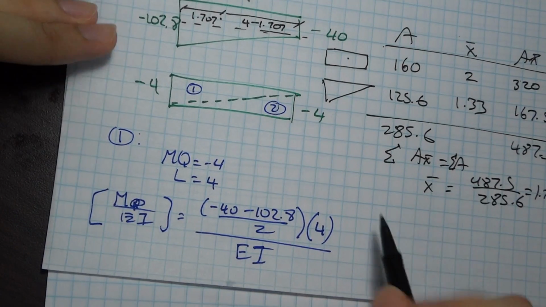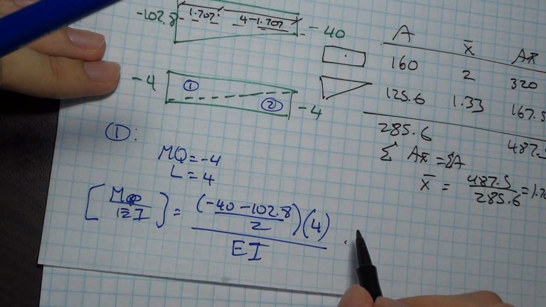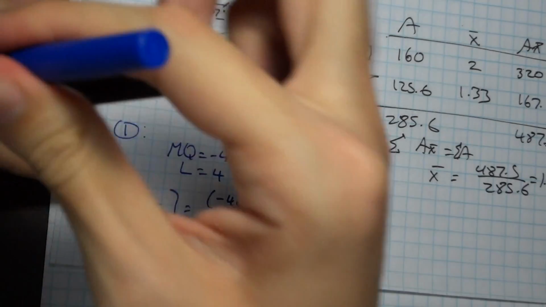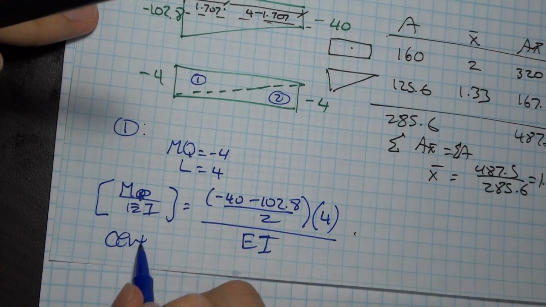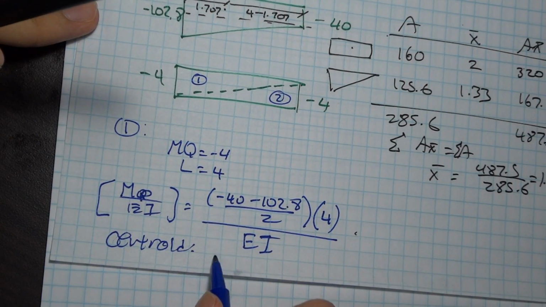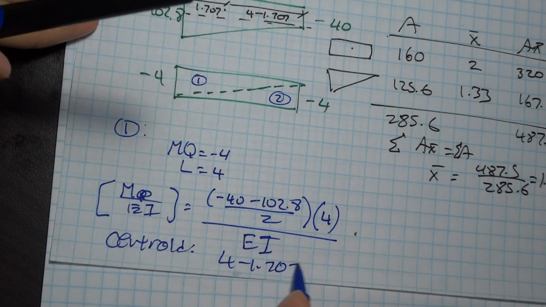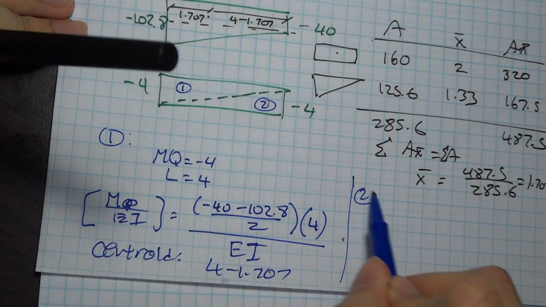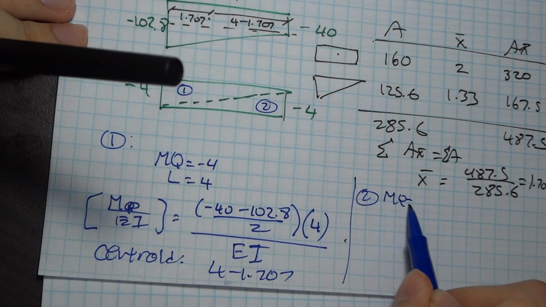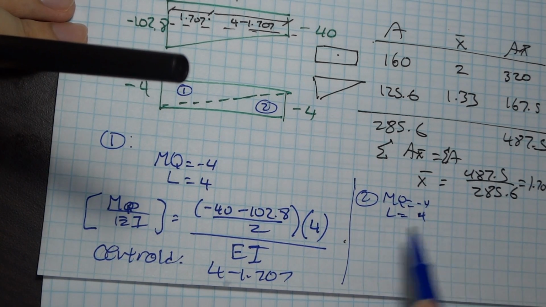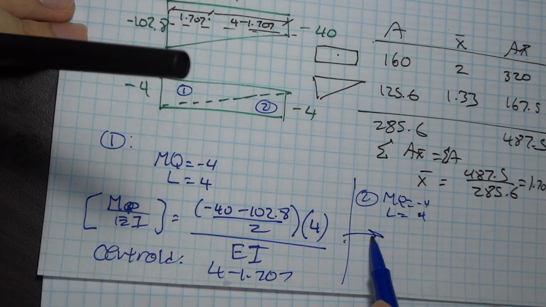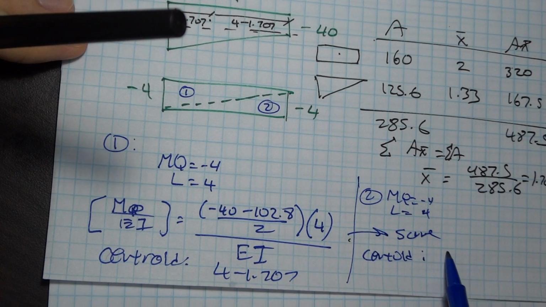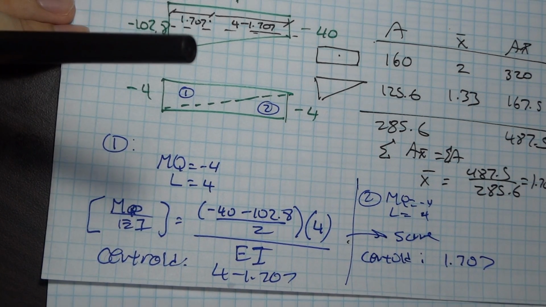And so my centroid distance is 4 minus 1.707. If I look at triangle 2, my MQ is equal to -4, my L is equal to 4, my MP is the same, and the centroid is 1.707.